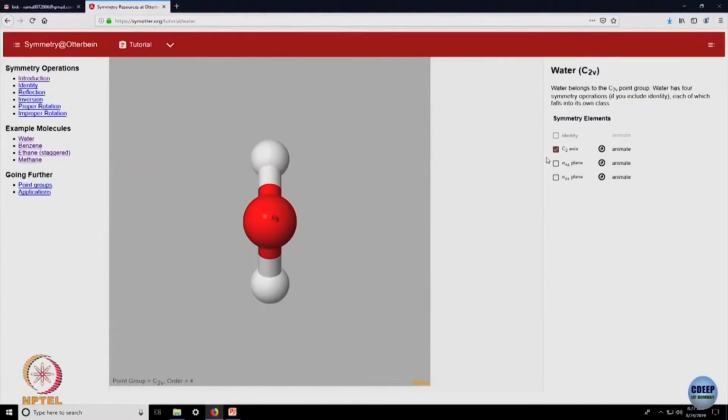If you do a sigma xz plane, then you see that those two atoms exchange the positions. Okay. Is that okay? So, you can get some feel on doing the animation yourself and see what molecular symmetry is all about. Okay.